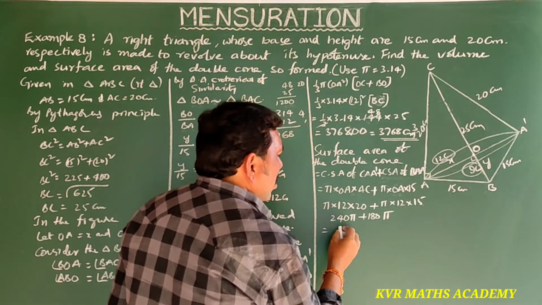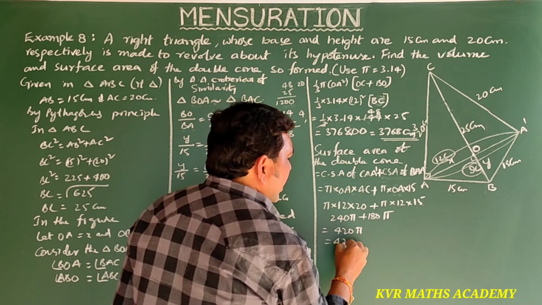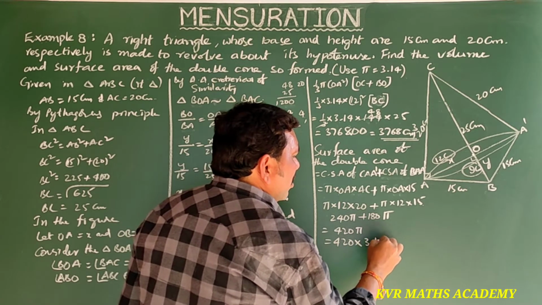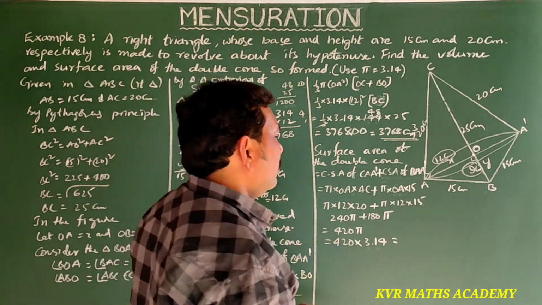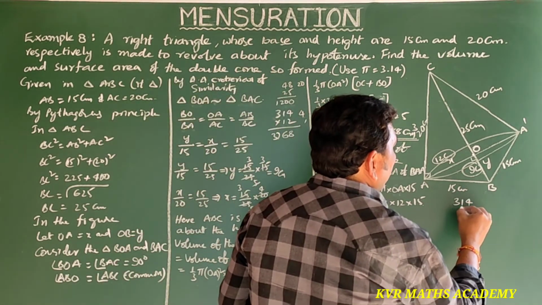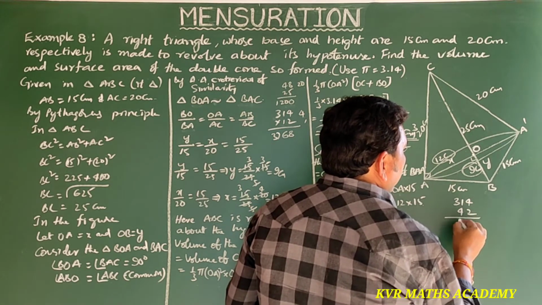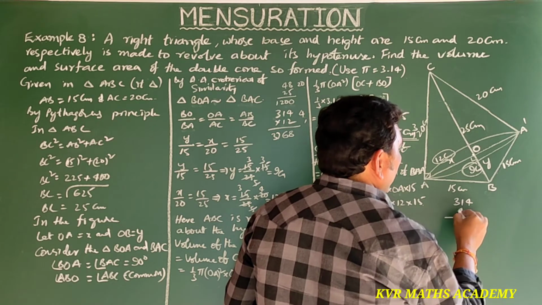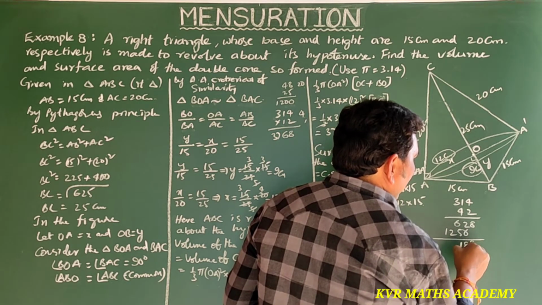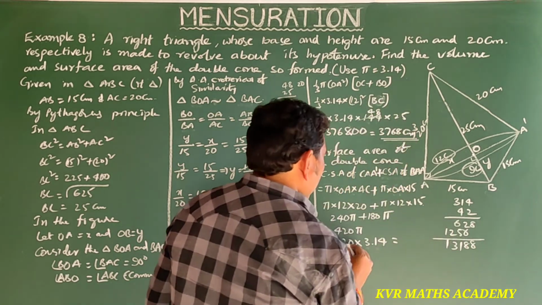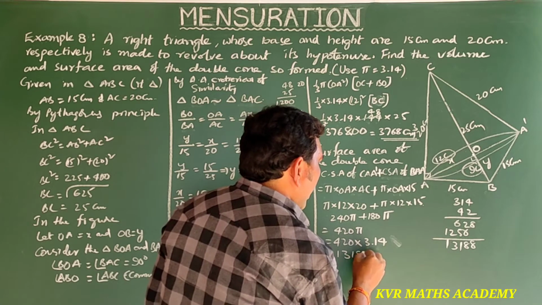So that is 420 pi. 420 into pi means how much? Substitute 3.14. So 3.14 into 42: 314 into 42. 2 14s are 28, 2 3s are 6, 4 14s are 56, 4 3s are 12. So 8, 8, 1, 3, 1. That is equal to 13188.